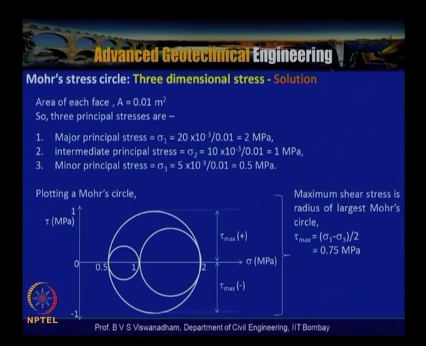We calculated the stresses as force by area, and then plotted these stresses on the tau sigma space by drawing 3 Mohr circles, wherein, to deduce the maximum shear stress, the tau max is indicated here, and this circle yields the maximum shear stress.